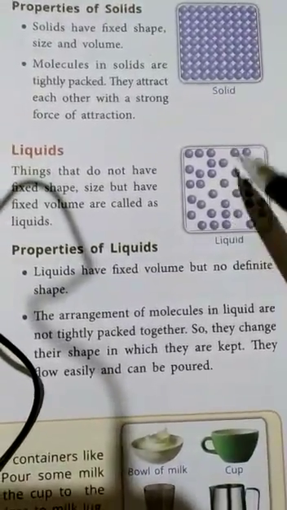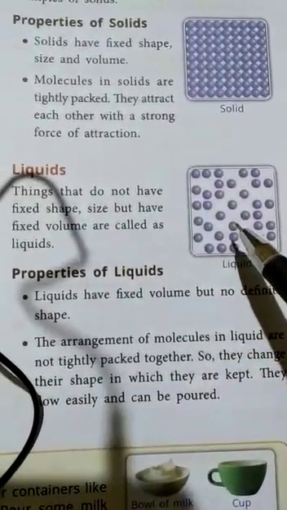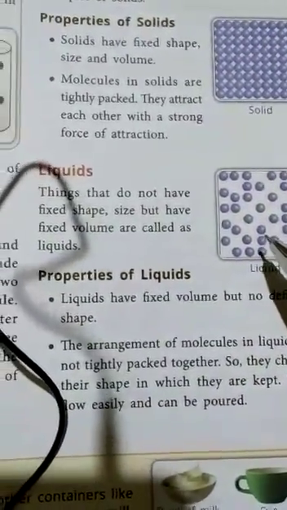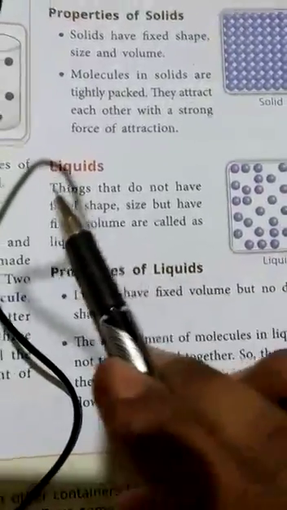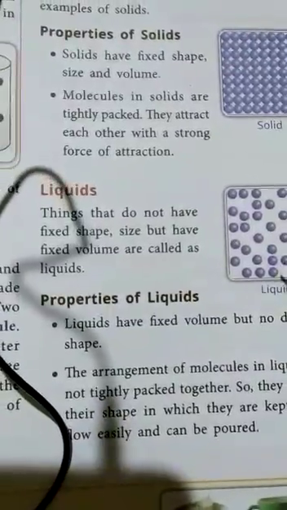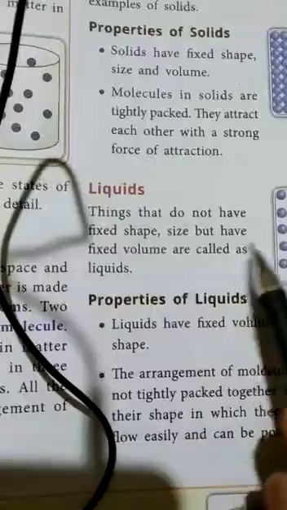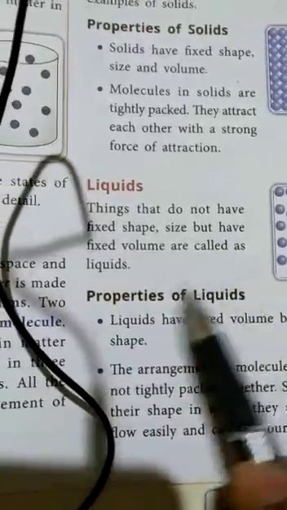You can see in the solid how closely packed the molecules are, but here they are not as closely packed. So it doesn't have a fixed shape, but it has a fixed volume, and that is called a liquid.